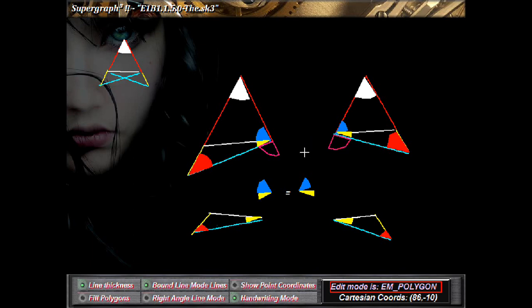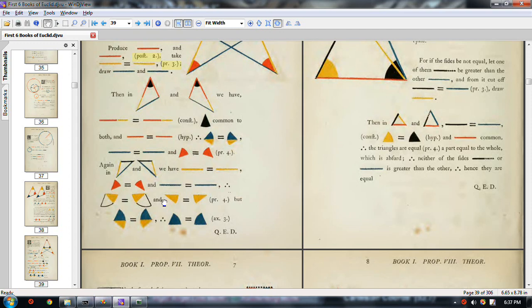Alright. Now, it says from the last theorem that we should be able to establish that these empty ones plus the yellow are equal. Okay, let's see how that works. This is equal to that. Now, why is that? Problem 4.